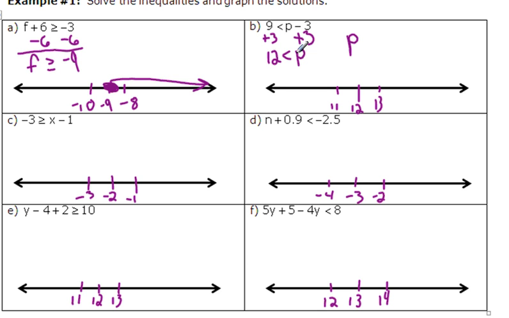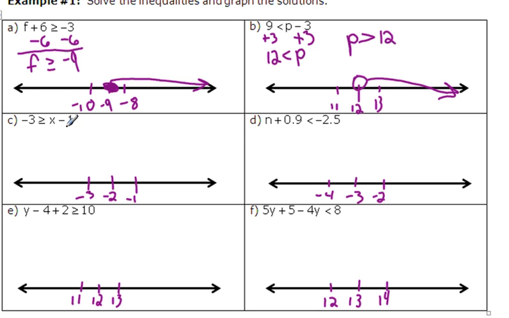If you notice, this inequality symbol, the Pac-Man is eating the p. So when I turn it around, the Pac-Man should still be eating the p. So this is really p is greater than 12. So I make a circle at 12. It's an open circle because it doesn't have an equal to sign with the inequality. And since it's greater than, I'm going to the right.